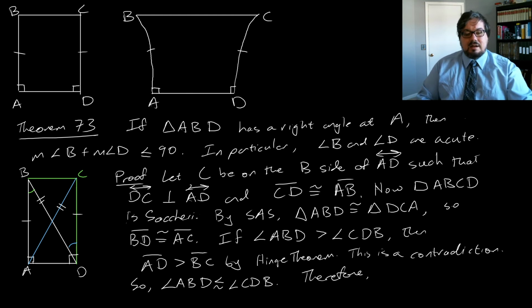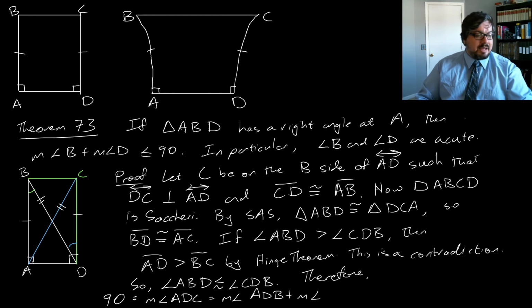we have that 90 is equal to the measure of angle ADC, because that's a right angle by construction, which is equal to the measure of angle ADB plus the measure of angle BDC. That's just by angle addition.